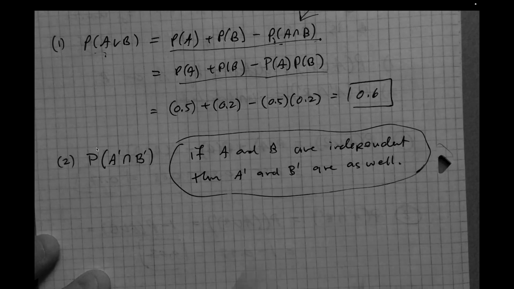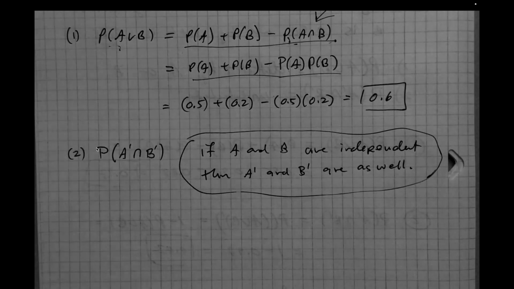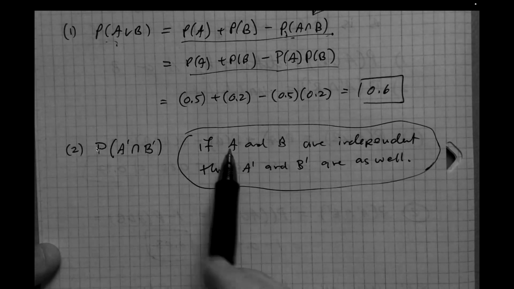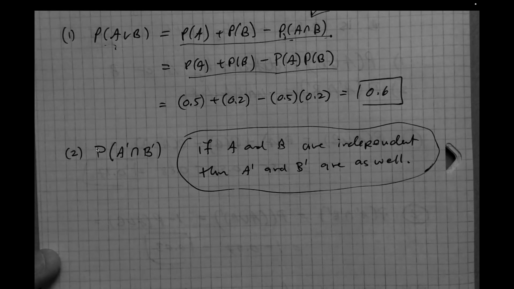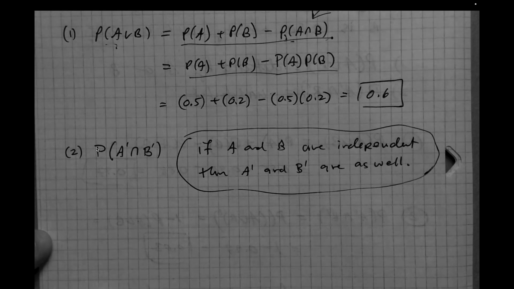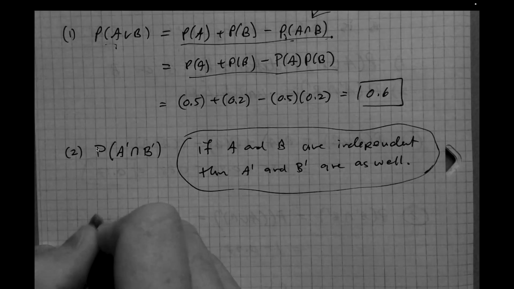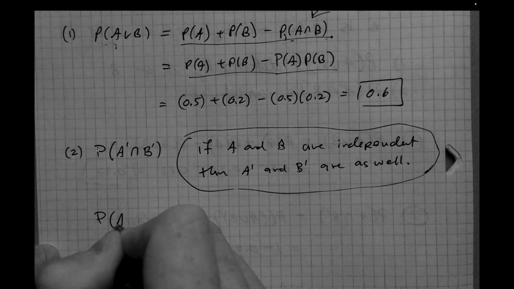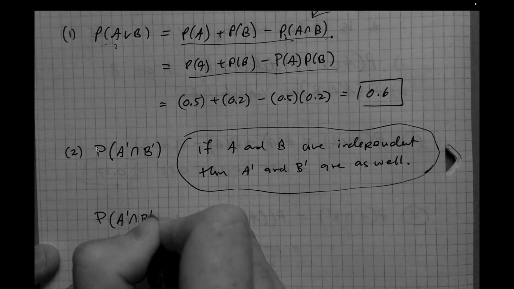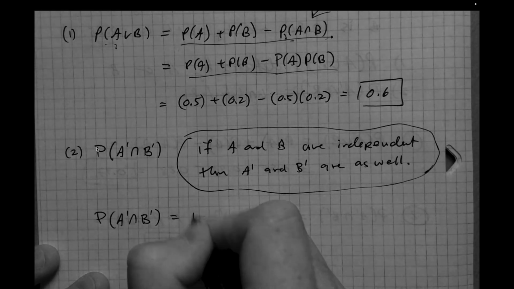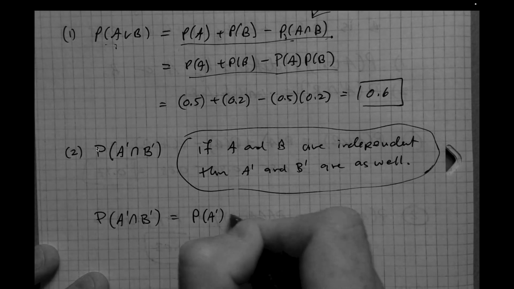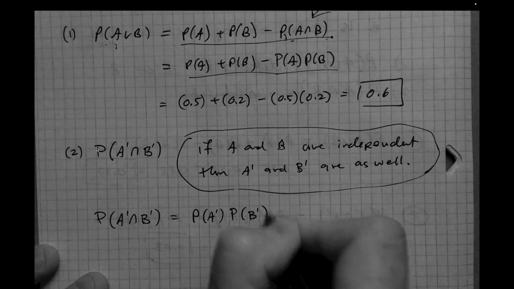That's the key to breaking these apart. We're told that A and B are independent, and the implication is that the complements must be independent as well. So this is straightforward. The probability of A complement and B complement is just equal to the probability of A complement times the probability of B complement.